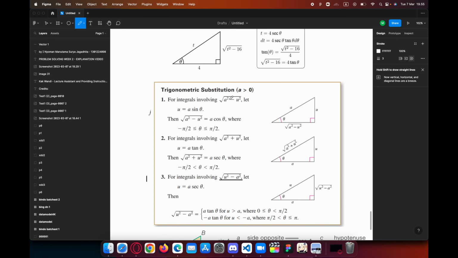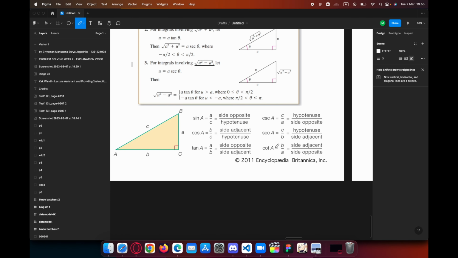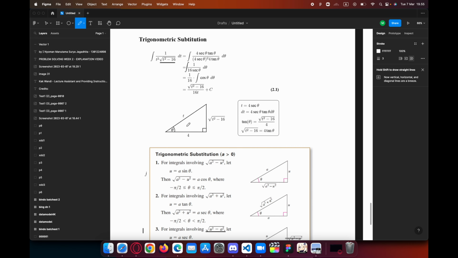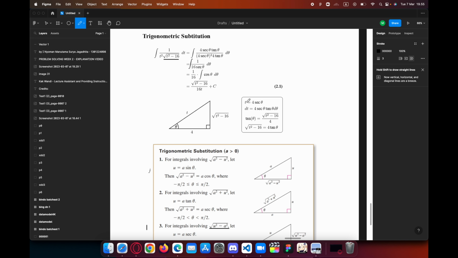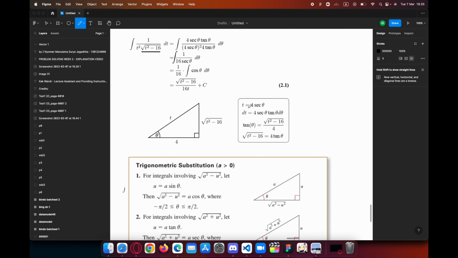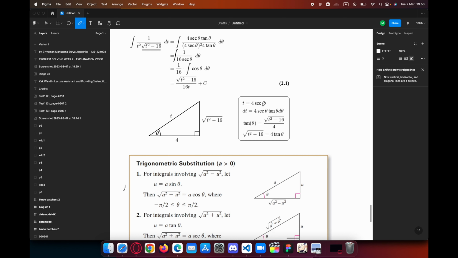If it's using secant, we can just look at this secant. It's c over b, or hypotenuse over the side, so it's t over 4 equal to secant theta. Just times both of these by 4, so we got t equal to 4 secant theta.